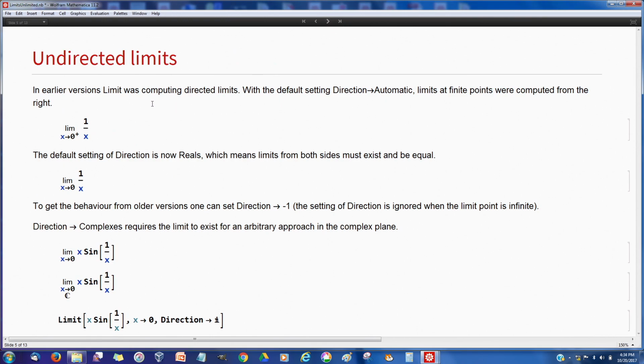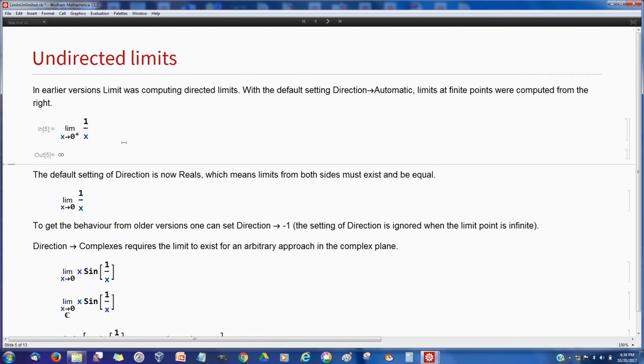So first, undirected limits. Earlier versions of limit computed directed limits. So if you just say limit, the direction would be from the larger real values. Now you can say direction from above, and it typesets nicely as x goes to 0 plus, like the natural mathematical notation, and for 1 over x, from the right-hand side, the limit exists and is plus infinity.